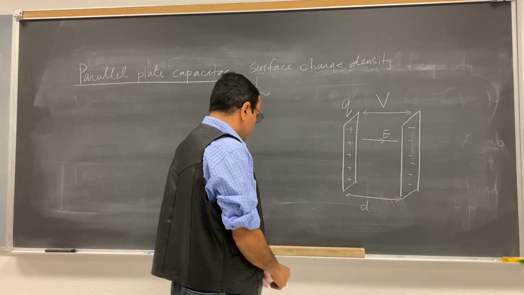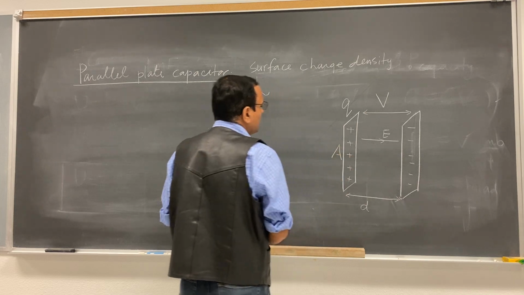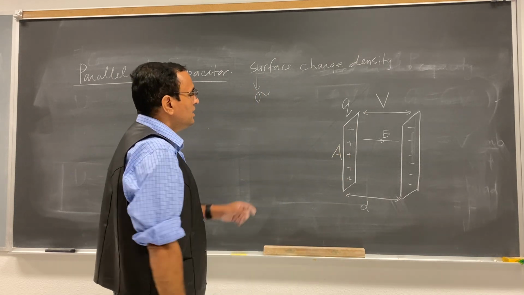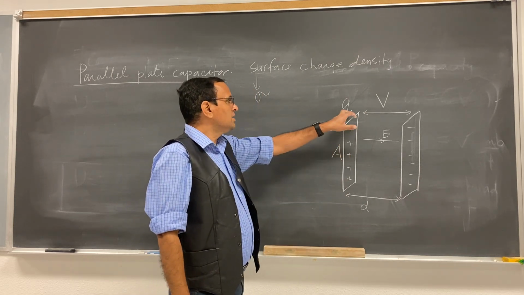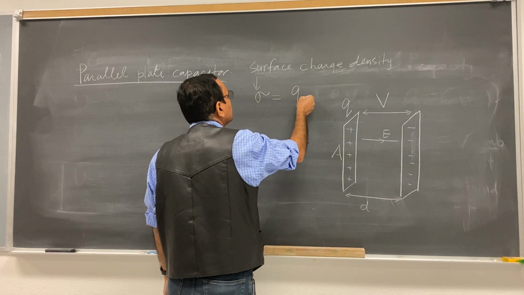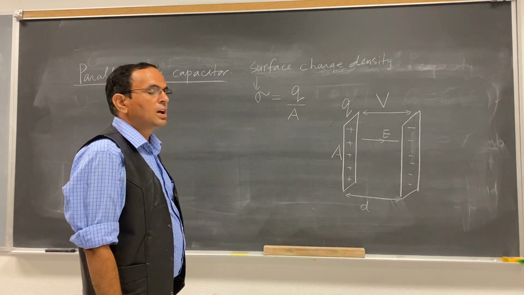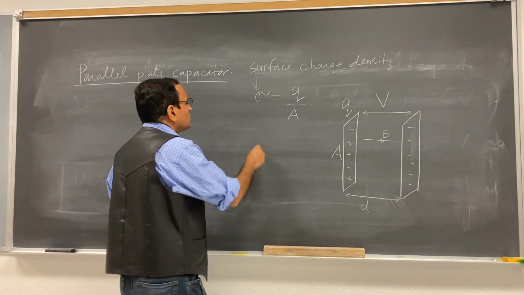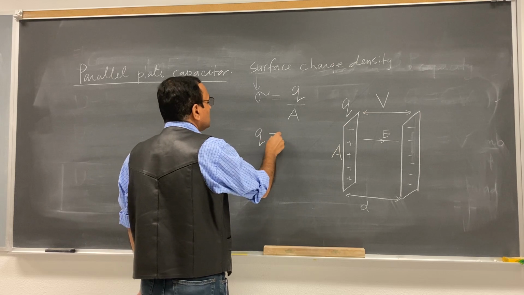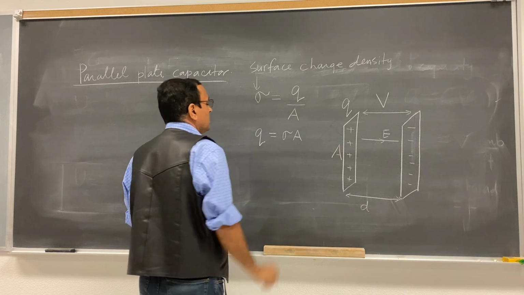Let us suppose the area of the plate is A. If A is the area of the plate and Q is the charge, the surface charge density sigma is equal to charge per unit area. So Q is equal to sigma A.